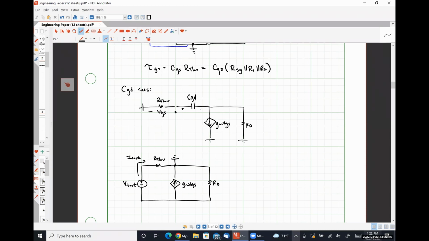VGS, because I don't have it drawn here, is between the positive polarity terminal. So here is VGS, like so. All right.